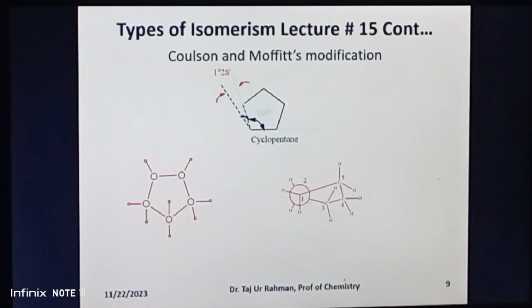Here in cyclopentane, the sp3 hybridized orbitals overlapping between carbon-carbon bonds of cyclopentane is greater than cyclopropane and cyclobutane. Due to this increase in bond angle, cyclopentane is more stable than cyclopropane and cyclobutane.